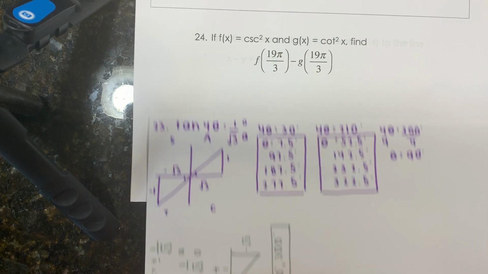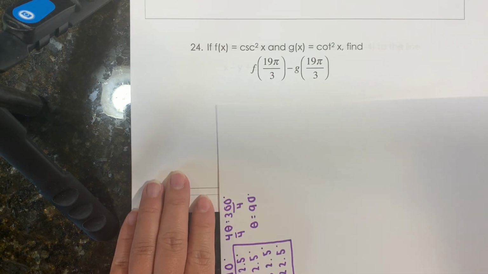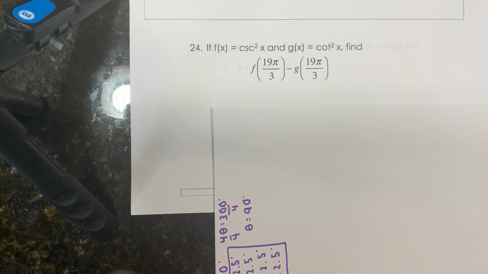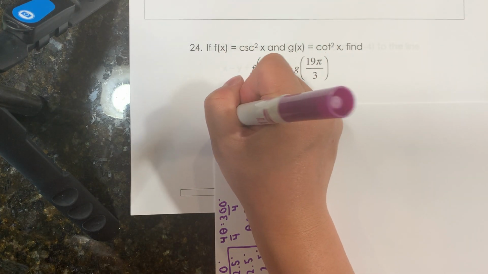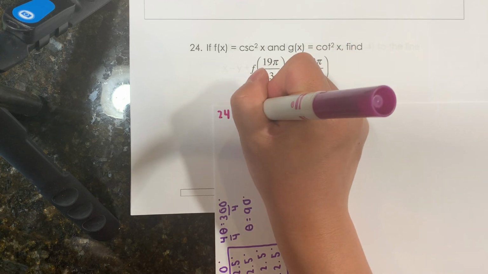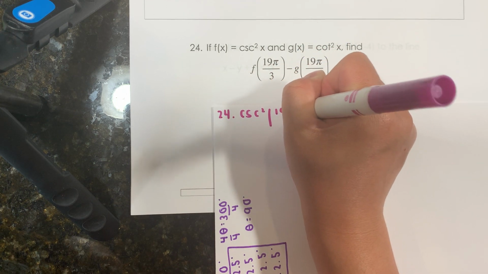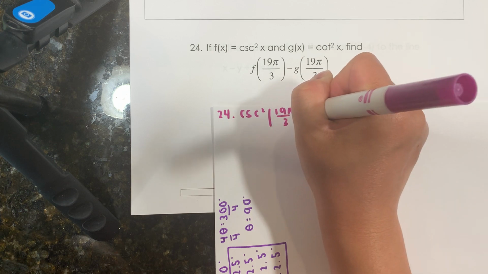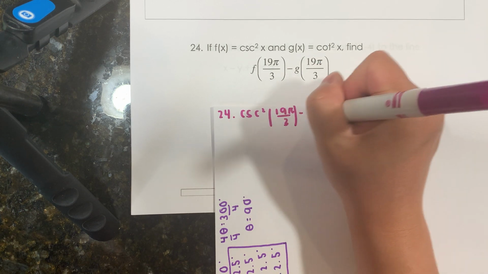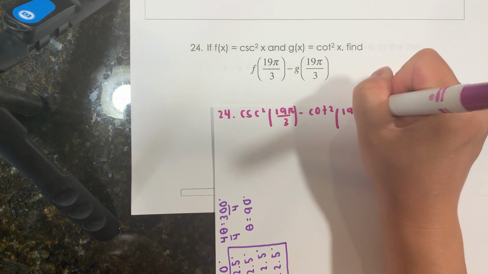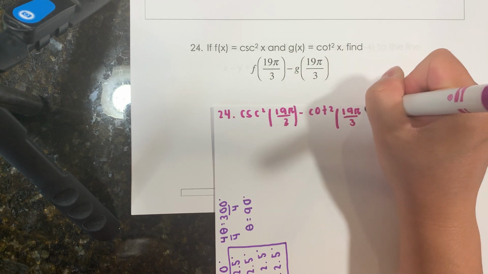Now for number 24, I have 19 pi over 3, but my f function is cosecant squared and my g function is cotangent squared. So if I rewrite this, it's going to be cosecant squared of 19 pi over 3 minus cotangent squared of 19 pi over 3.